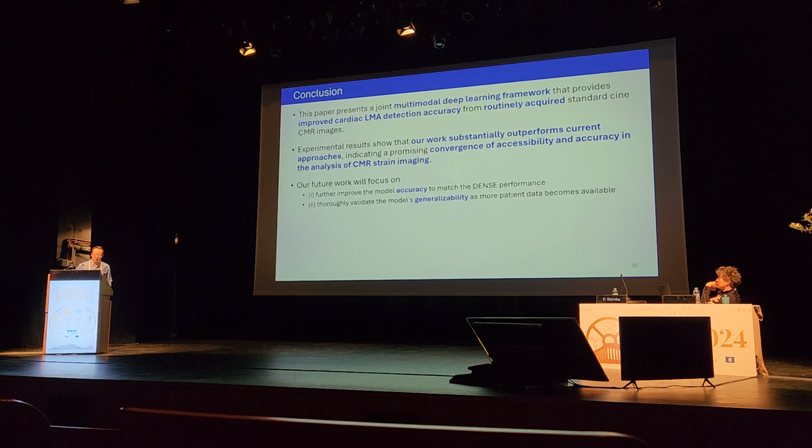Finally, we would focus on further improving the model accuracy to match DENSE performance, because if you look at the statistics, there's still a gap. And we will also evaluate model generalizability as patient data become more available, to do more data collection and data cleaning and everything. And hopefully, in the future, we can publish these datasets.